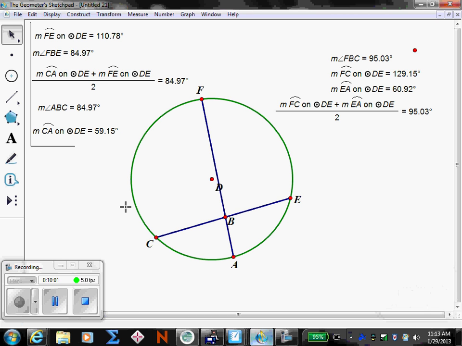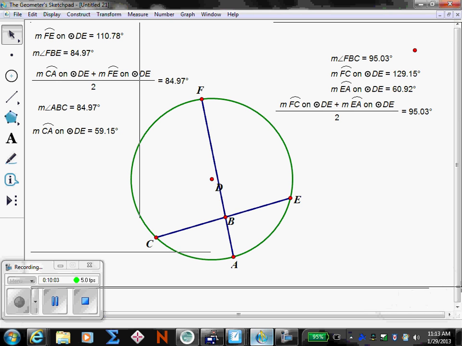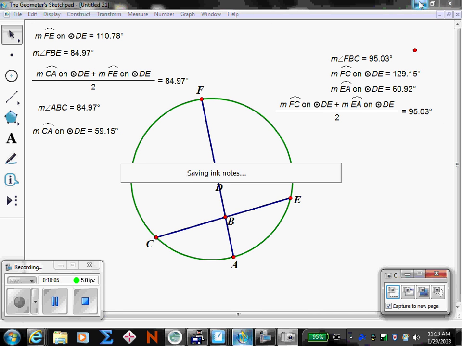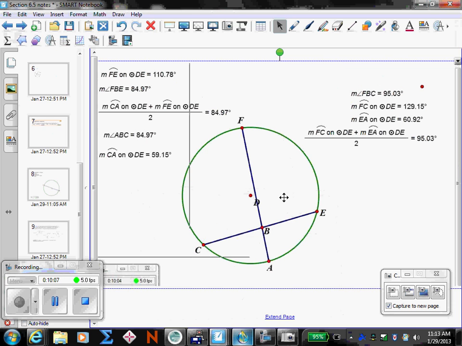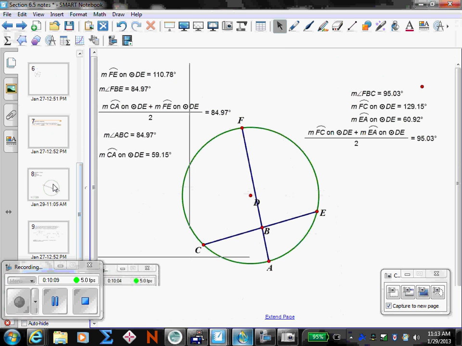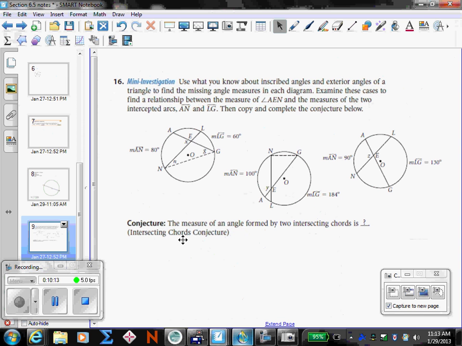So let's complete our mini investigation. The measure of an angle formed by two intersecting chords is half the sum of the measures of the two intercepted arcs.